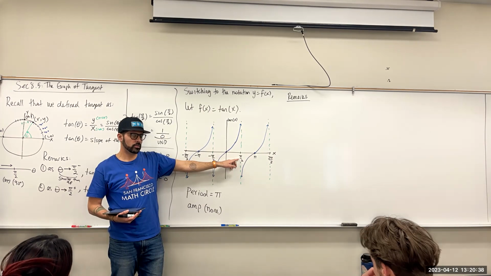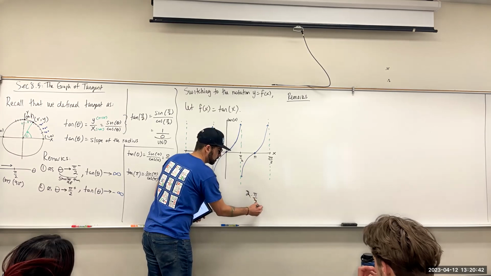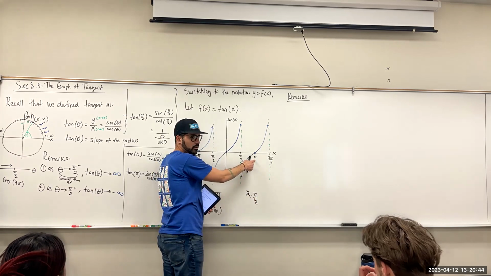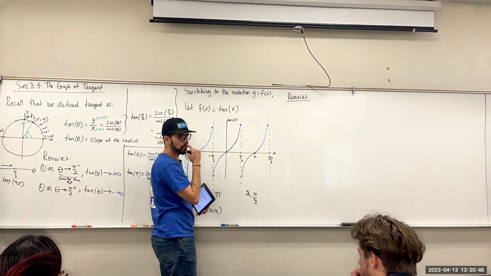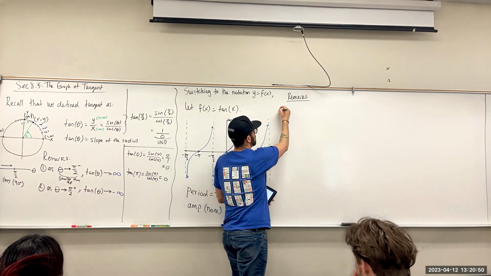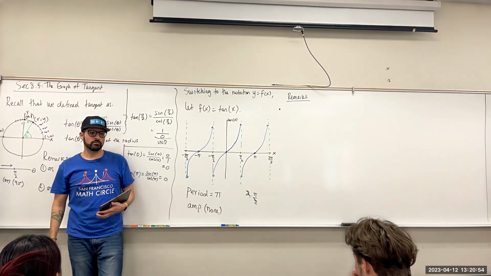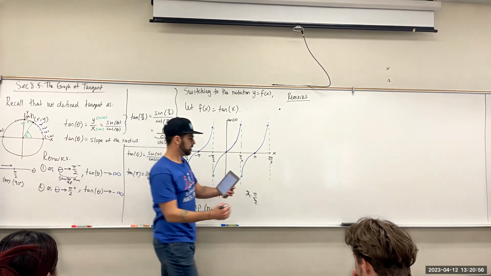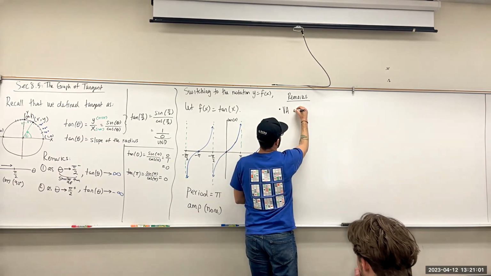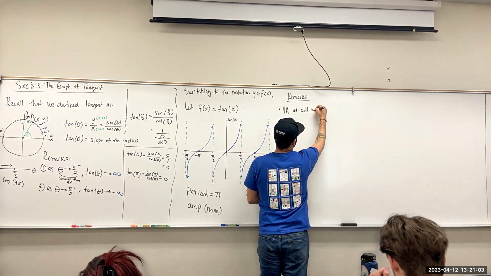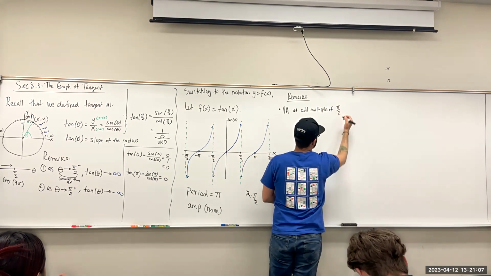What's 2 times pi over 2? Pi. So is that a vertical asymptote? No. So you have to be more specific. It's at the odd multiples of pi over 2. Okay, so we end up with VAs, vertical asymptotes, at odd multiples of pi over 2.